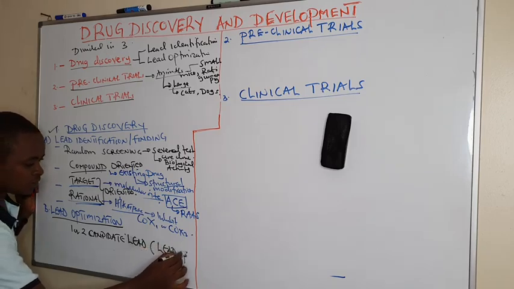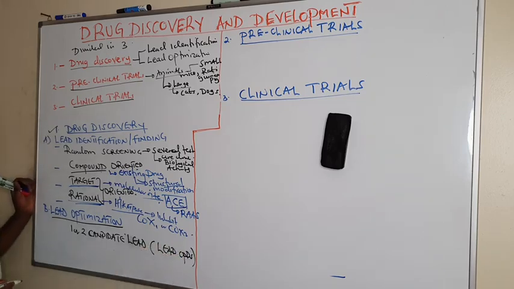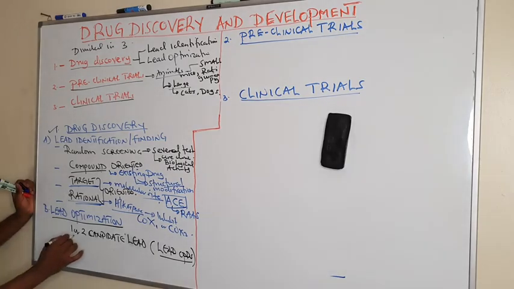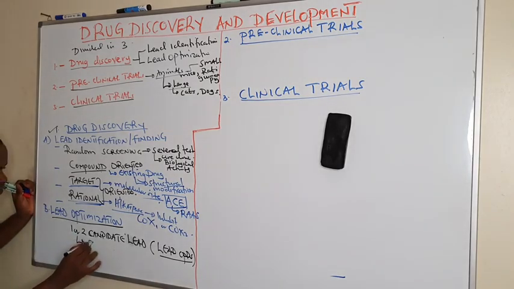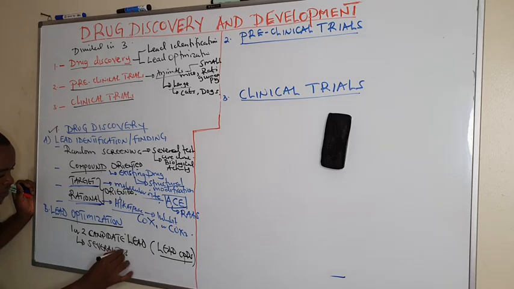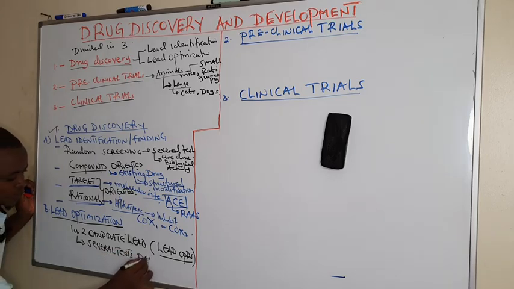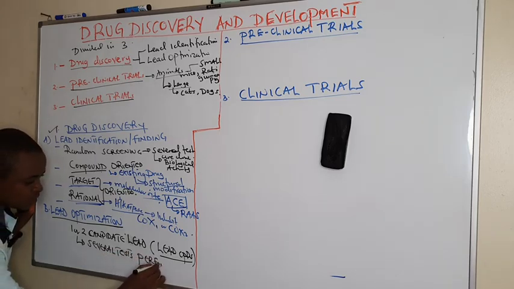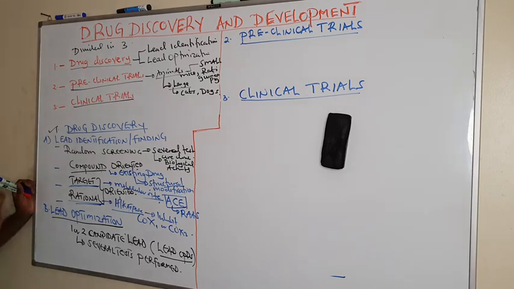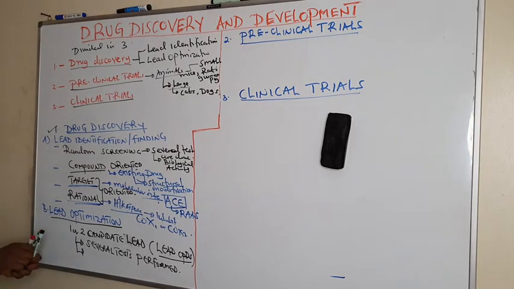This lead compound, after coming up with it, is further scrutinized, whereby several screening tests are performed on it to come up with the suitable one. So the major aim of lead optimization is to come up with the suitable candidate.